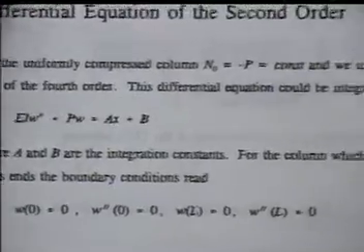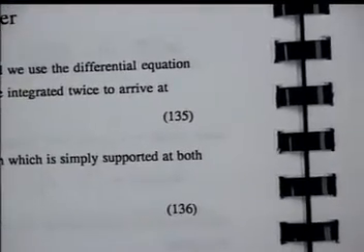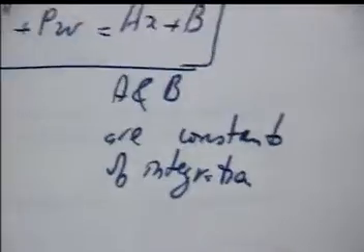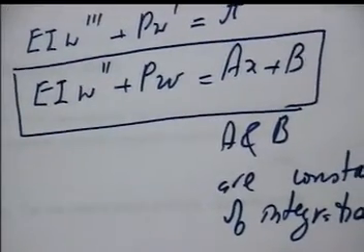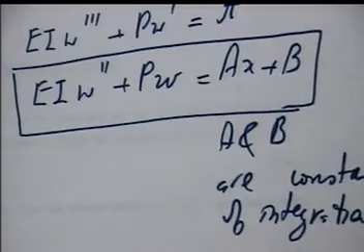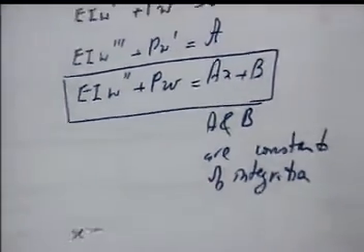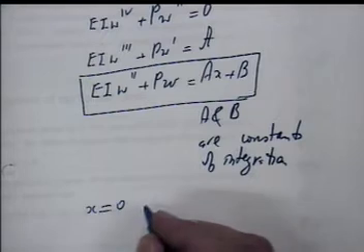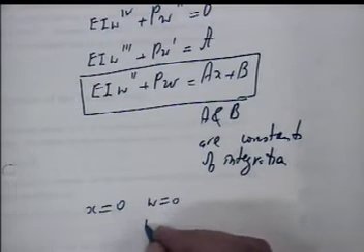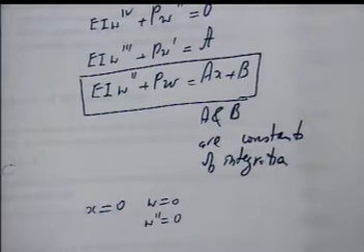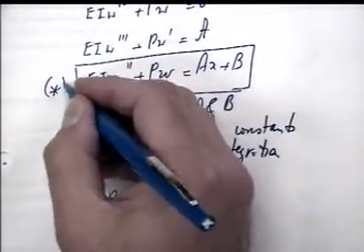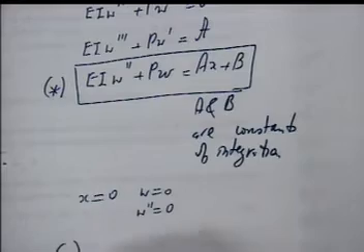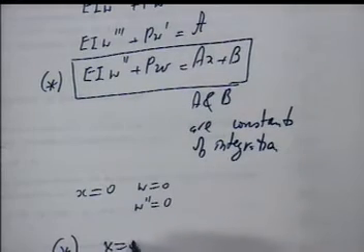Now, if the column is simply supported, let us look at what happens. For x equals 0, w equals 0 and w second derivative equals 0. So let us substitute into this equation, star. We substitute x equals 0.